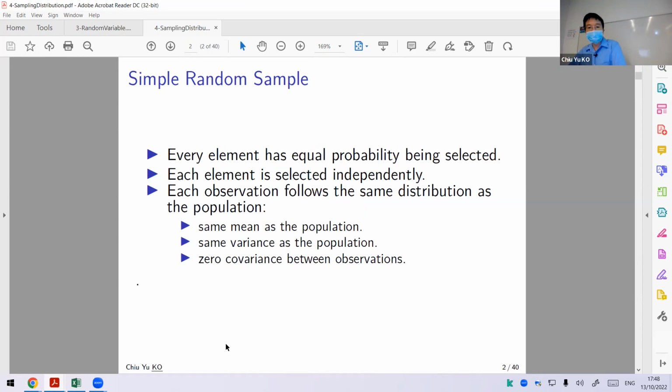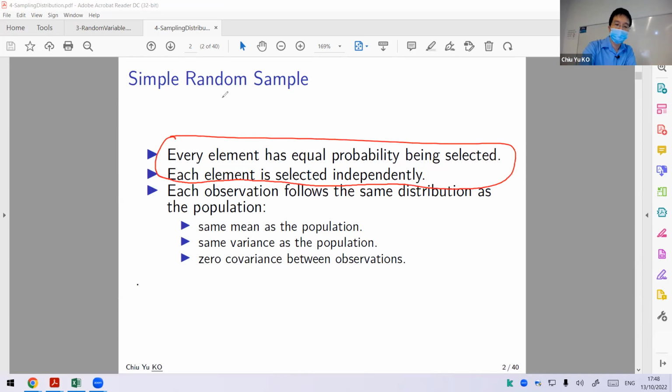We're focusing on a very simple one, which is called simple random sample. In that case, each element in the population has an equal chance of being selected, and each observation is chosen randomly. This is what we mean by simple random sample.